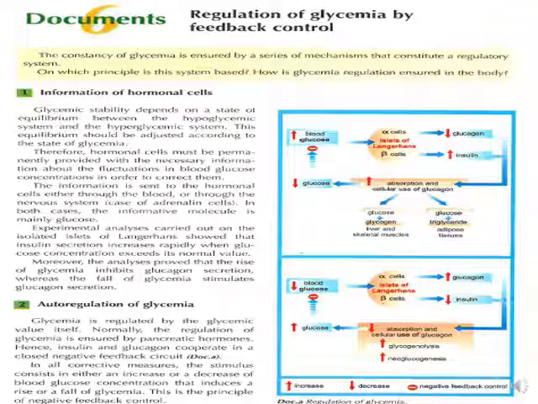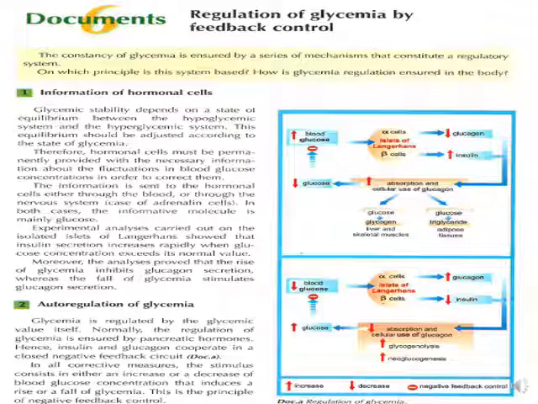Moving to paragraph 2, autoregulation of the glycemia. So glycemia is regulated by the glycemic value itself. Normally, the regulation of glycemia is ensured by pancreatic hormones. Hence, insulin and glucagon cooperate in a closed negative feedback control or negative feedback circuit.